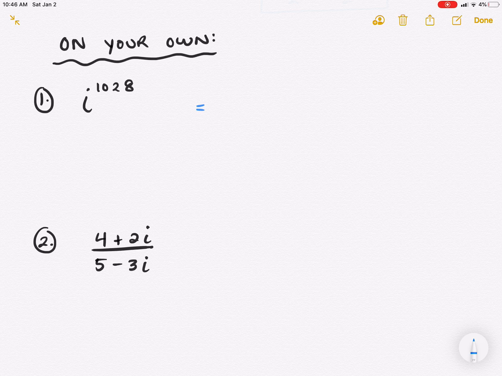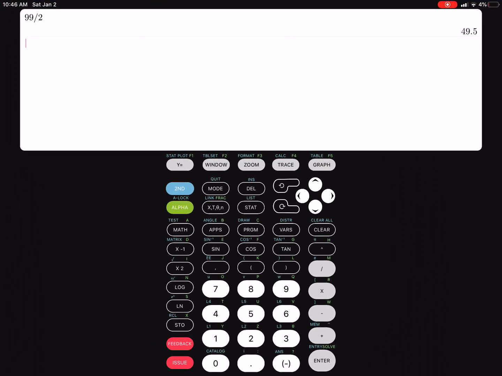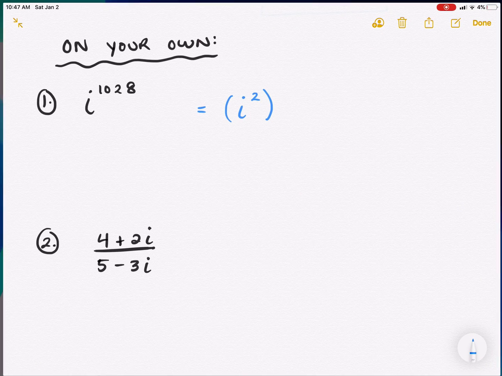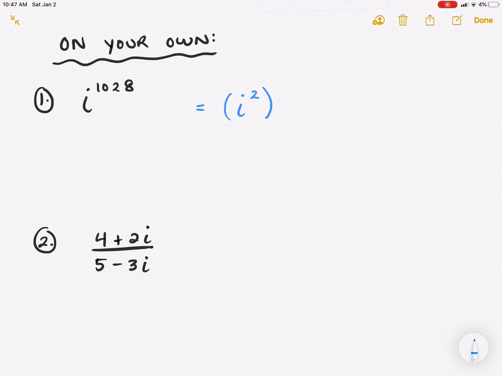All right, so when I do this, I need to think about how many times i squared goes into 1028. So I need my calculator here. This is 1028, and I'm going to divide that by 2, and it actually goes in 514 times. And so I can rewrite this as i squared to the 514 power.